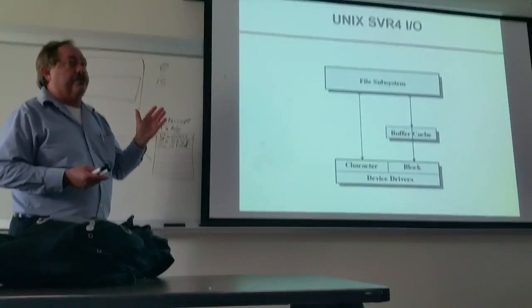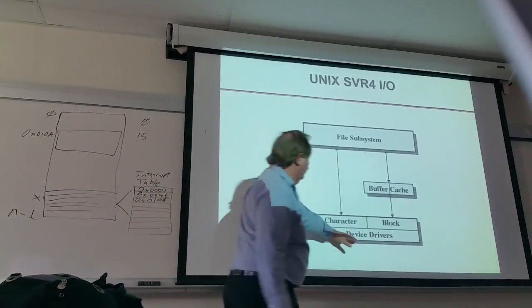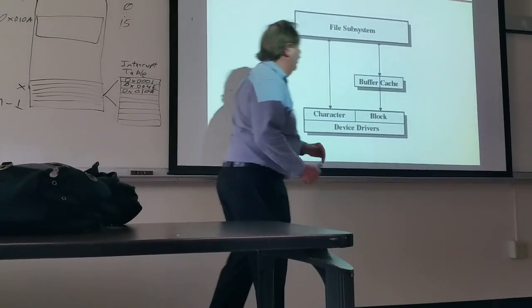This has buffering going on as well, just like the name implies, buffer cache. So a lot of systems today have buffering going on in here. But notionally, it's straight through. And then talking to those byte streams or block streams of device drivers themselves.